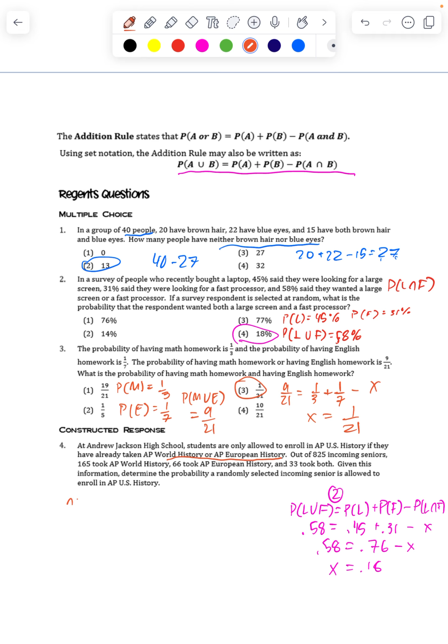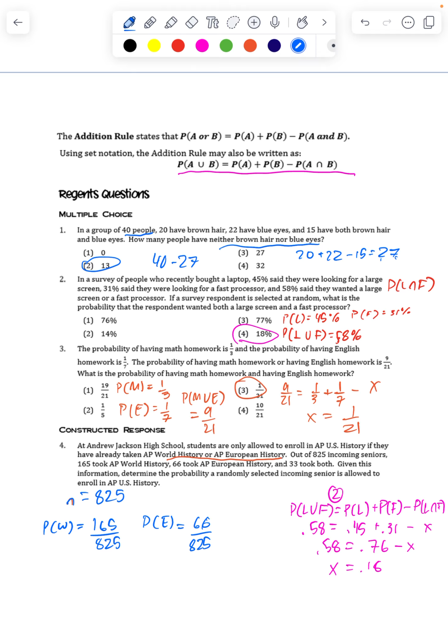All right, so a couple of things here. We're going to write the total things we're going to count out of here. Let me work in blue. N equals 825. All right. Probability of world history equals 165 over 825. Probability of European history is going to be 66 over 825.